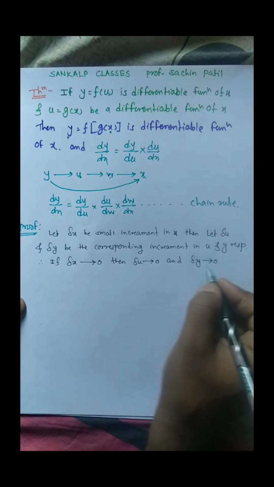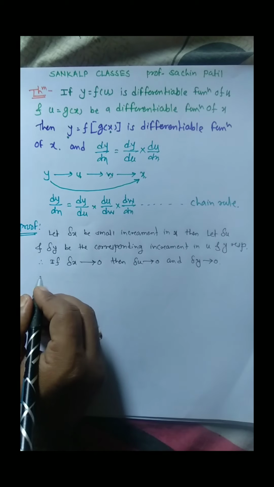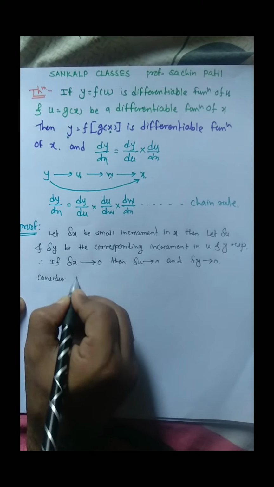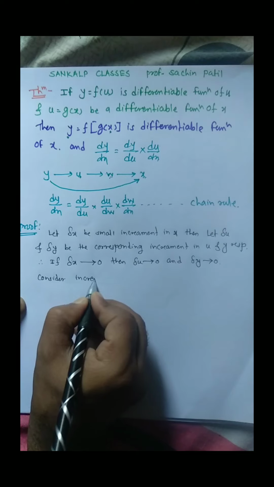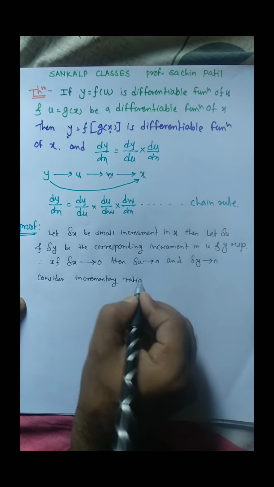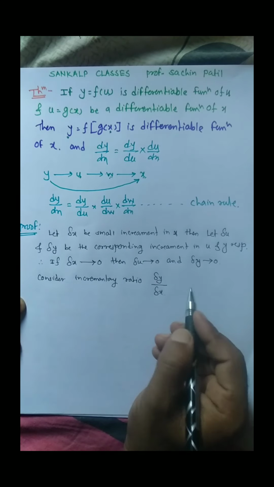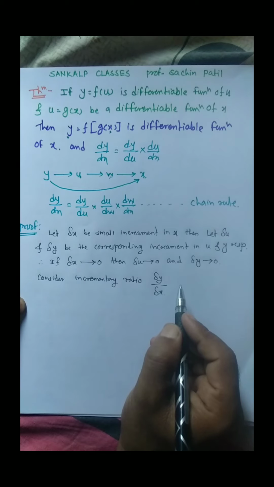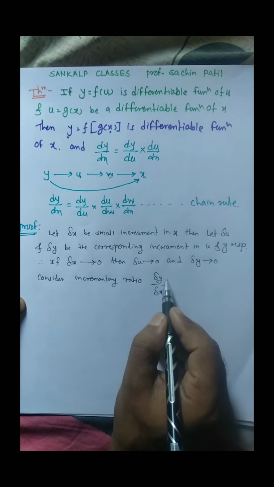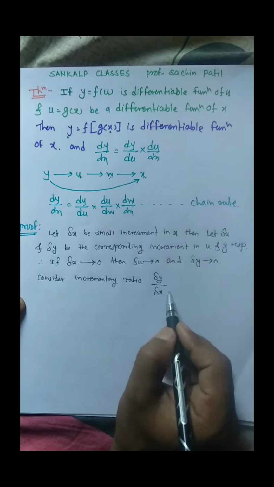Now we consider the incremental ratio, delta y divided by delta x, because we know that y is the differentiable function of x, therefore an increment in x causes the relative change in the value of y, therefore the incremental ratio is dy by dx.